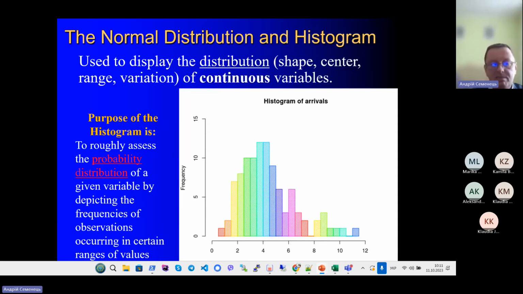And with the help of a histogram, we can also see this. Repeating that same chart, we can see how our data set is skewed. So here we have an obviously skewed distribution with a tail at the right.